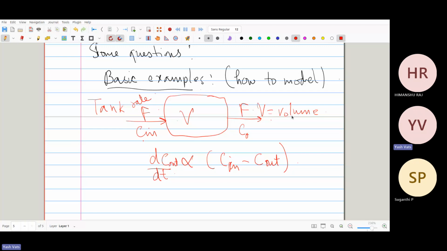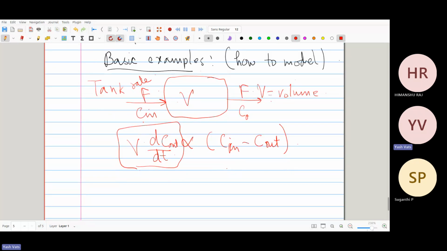That is directly proportional to the difference between the inlet concentration and the outside concentration, multiplied by V because we are considering the whole tank volume. And this constant is F. So dC out is the same as F times C in minus C out.